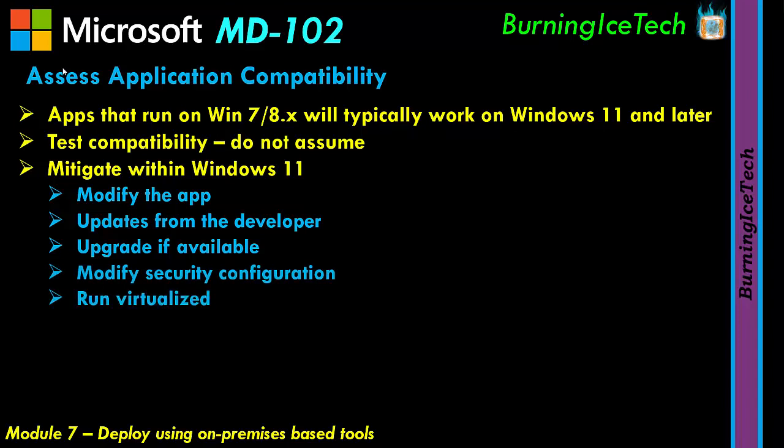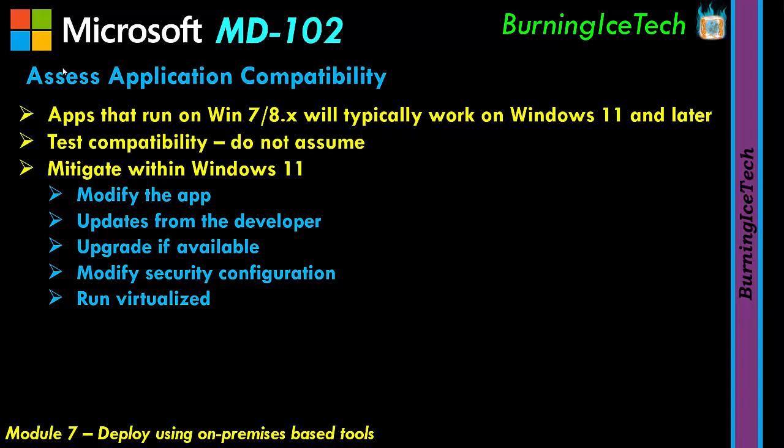Run the application virtualized. Now, this can mean a lot of things, guys. That's all that Microsoft says. So this is probably going to refer to you running it in a virtual machine, something like Hyper-V or VMware. So maybe your operating system on the host is Windows 11 for yourself or this user, but the application you or the user needs to run does not run on Windows 11, but they absolutely need this application.